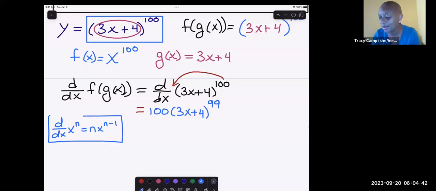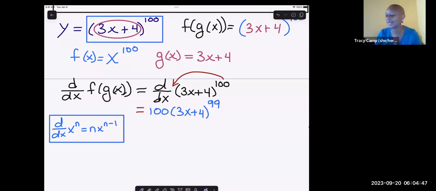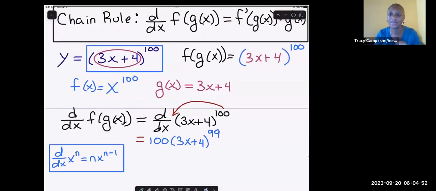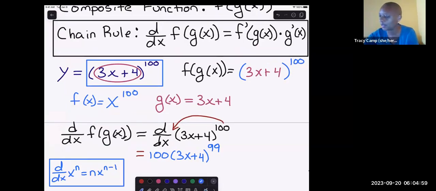And then once you've done that, the chain rule says you're not done, because I don't just have x to the n. I have all this other stuff raised to the power of n. And the chain rule says, okay, take the derivative of that big function, which is oftentimes referred to as the outer function or the outside function, and then multiply that by the derivative of the inside function.